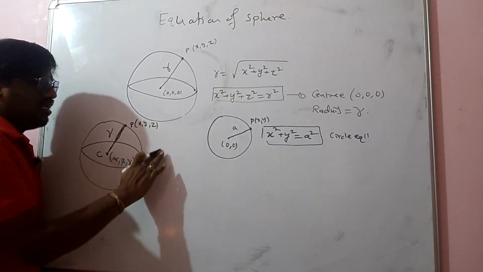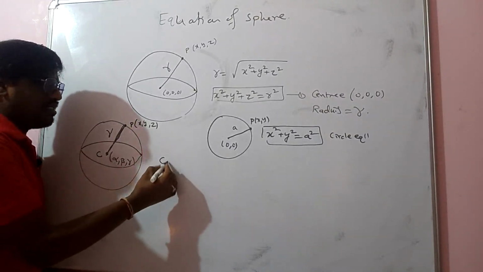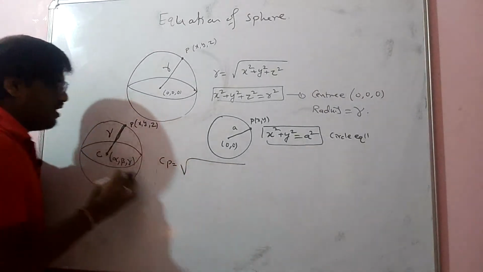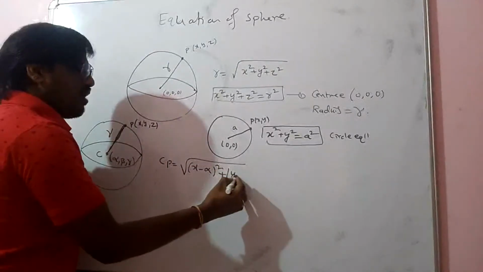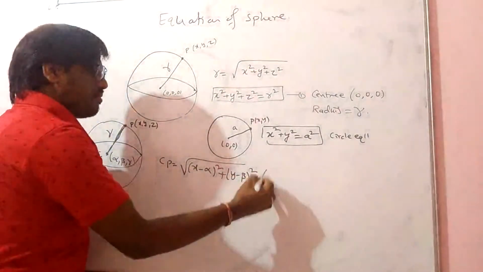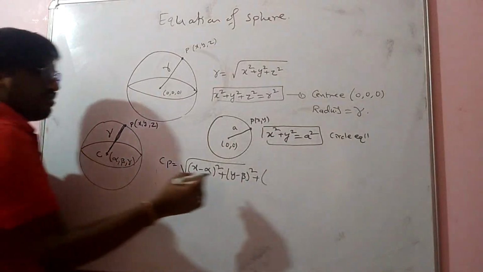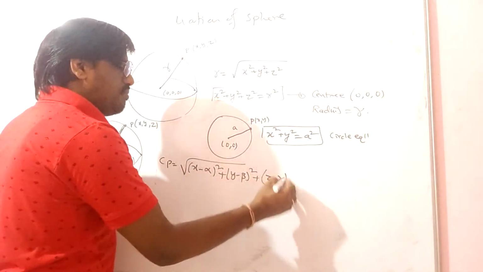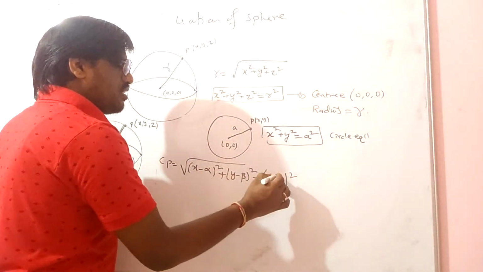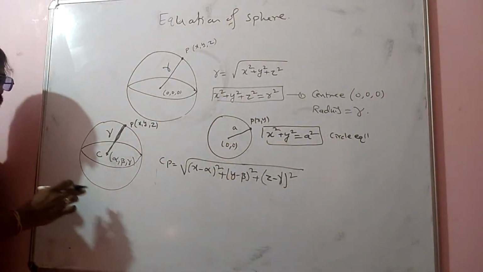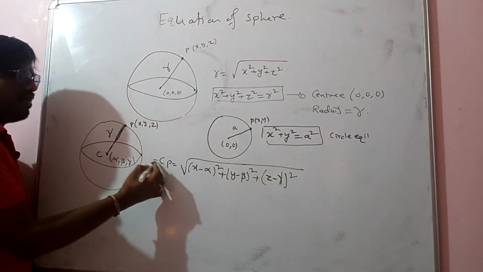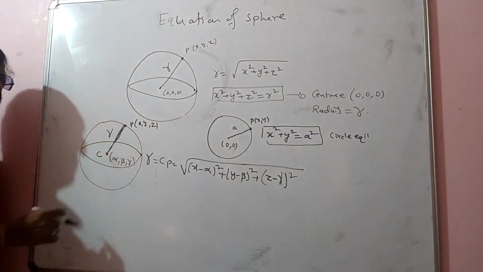Then the distance CP is equal to the square root of x minus alpha whole square plus y minus beta whole square plus z minus gamma whole square. Distance formula applied, and CP is nothing but r, the radius.